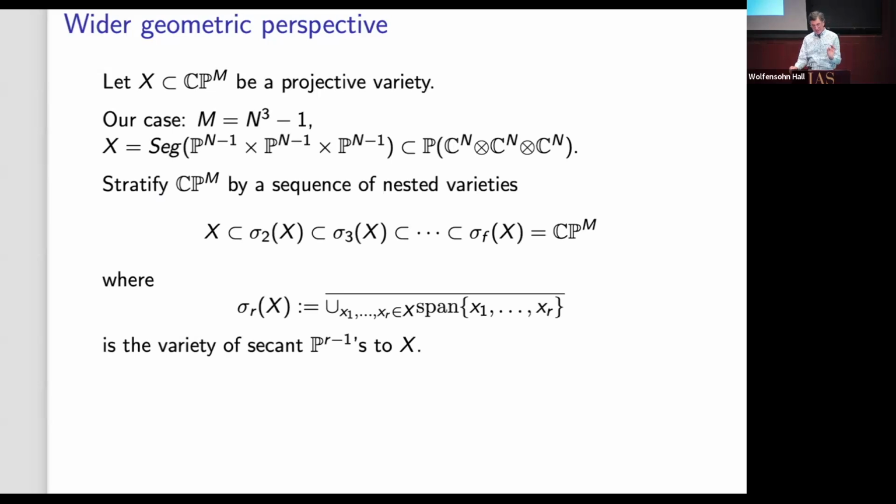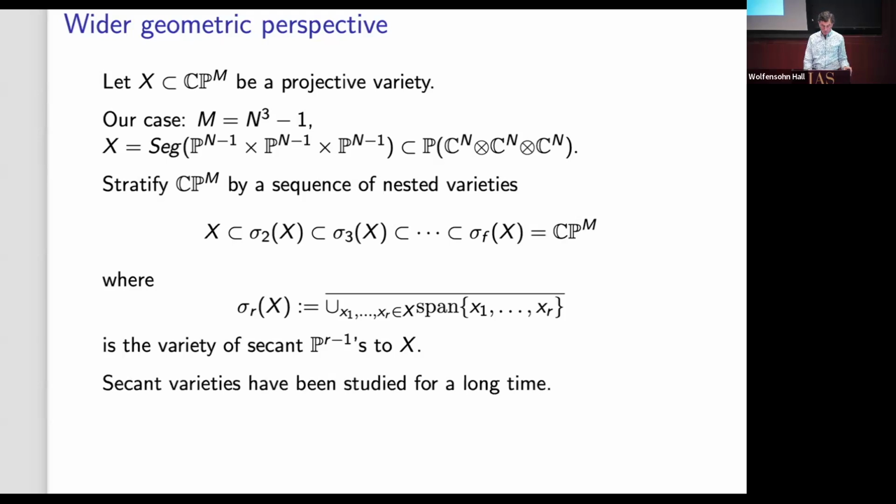Now, it's slightly different than what I said before, because now I'm going to take the Zariski closure of points on spans, but that's okay. If I'm going for lower bounds, this is legitimate, but in fact, Bini even proved that it's legitimate for upper bounds as well, which is a little more subtle. And these have been studied for a long time, especially around the early 1900s.